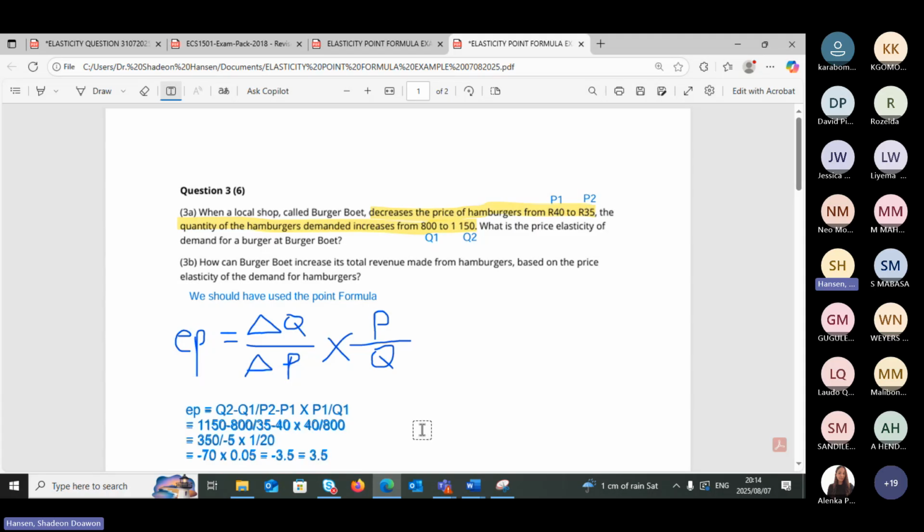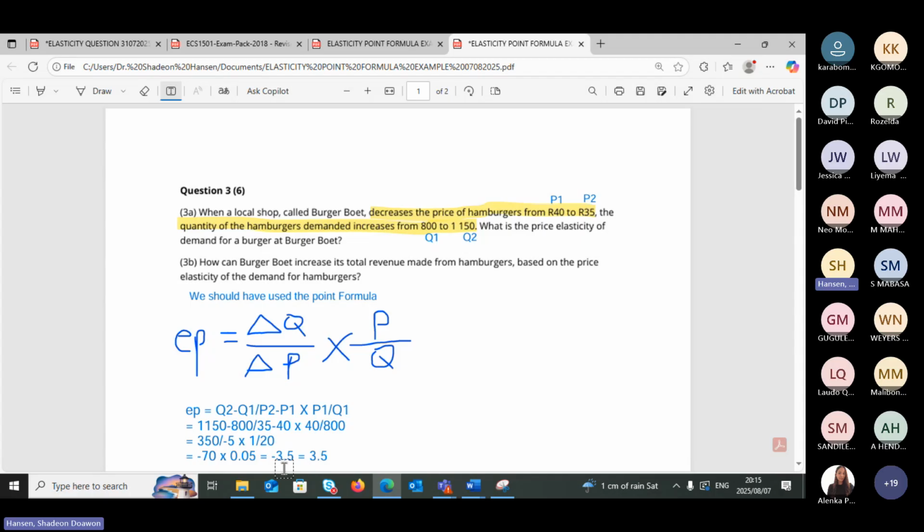And please note, students, whatever answer you get, because you're most probably going to do another MCQ assessment, when the question says calculate price elasticity of demand, whether it is the point formula or the arc formula, your answer will always be negative.